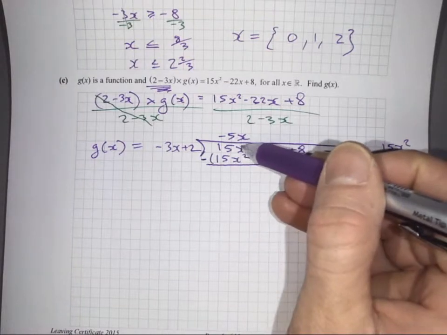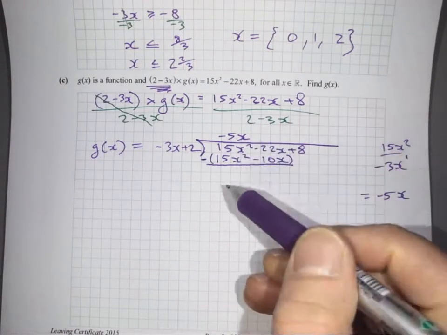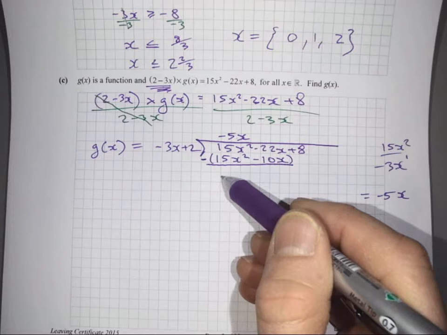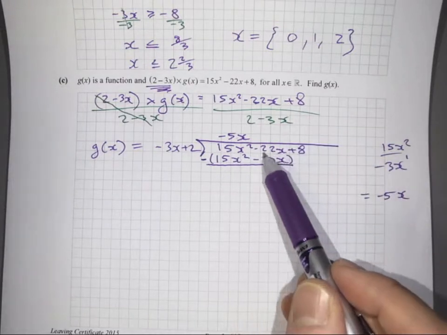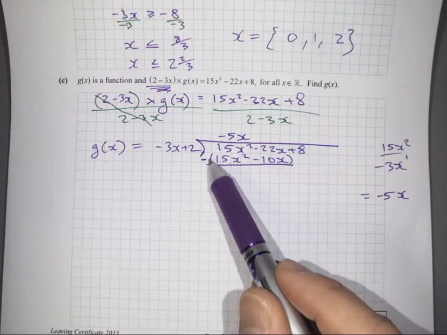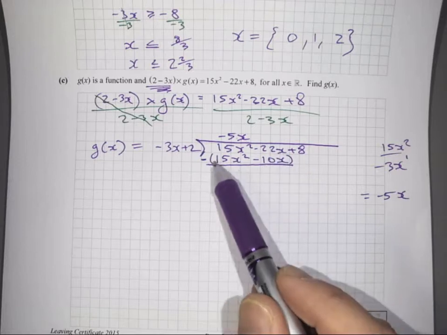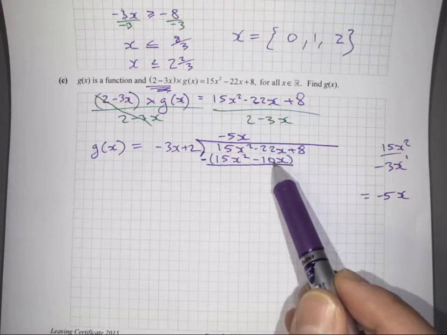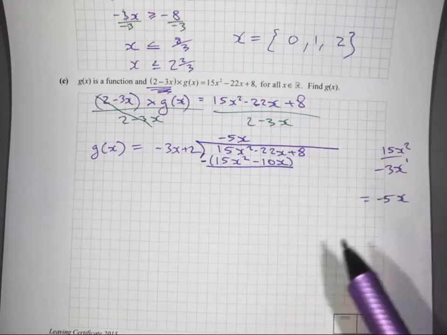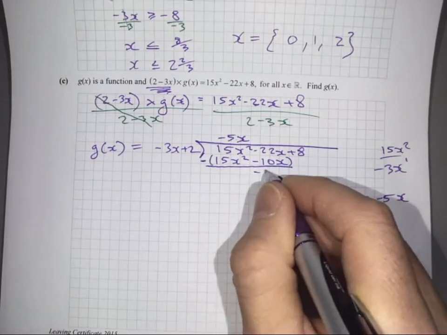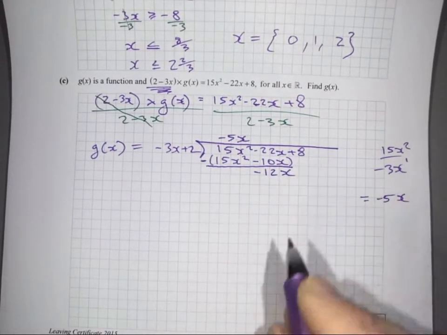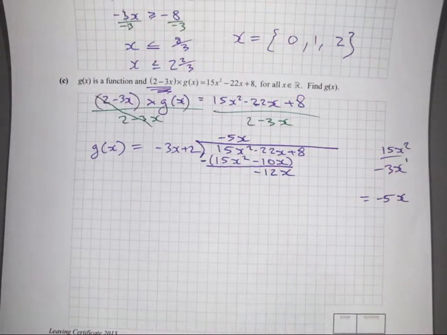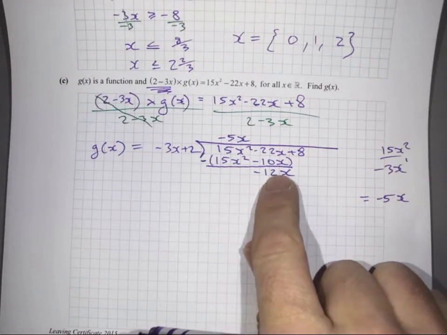So 15x squared minus 15x squared will just be blank or 0. Then we'll have minus 22x. Tricky here now: minus 22x minus minus 10x, which is minus 22x plus 10x. So that's going to end up with minus 12x. You can pause the video and work these out in detail for yourself. So we have minus 12x here.